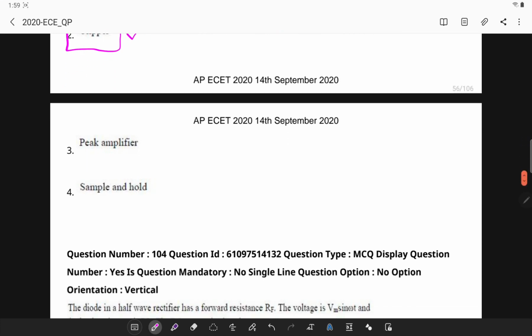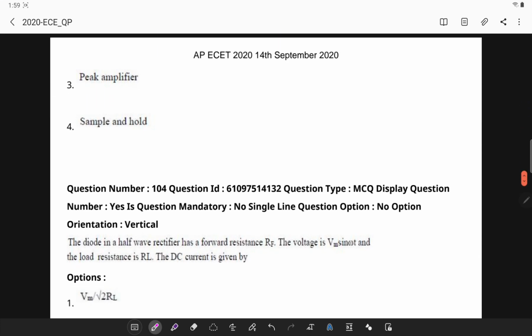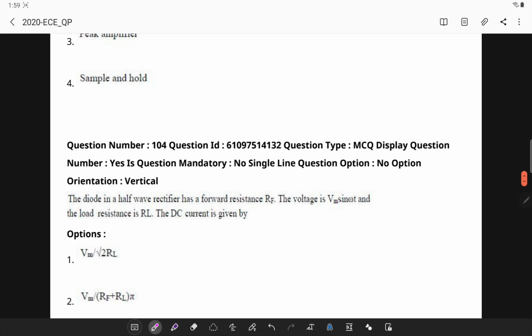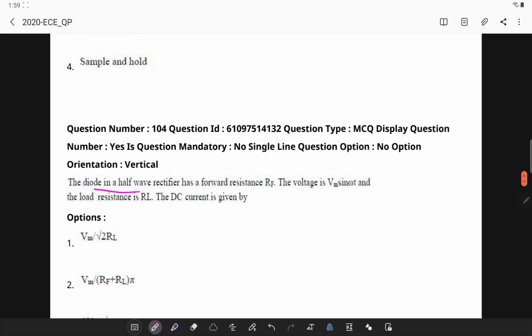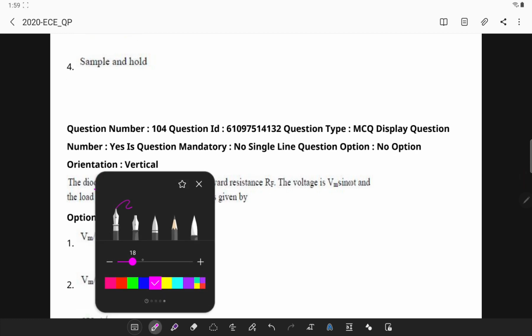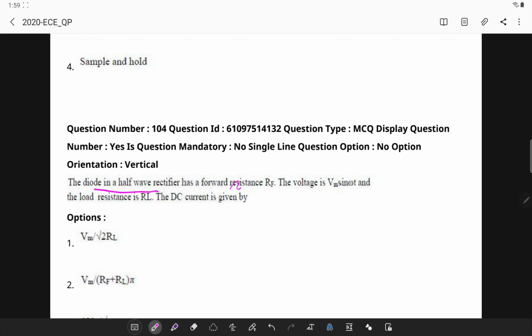Coming back to the next question. The diode in a half-wave rectifier has a forward resistance of Rf and the voltage is Vm sin omega t and the load is RL.